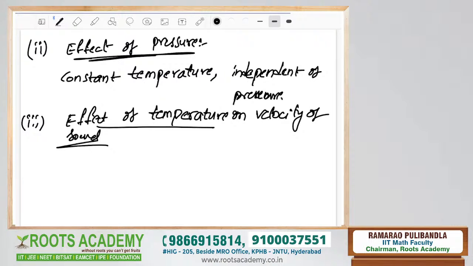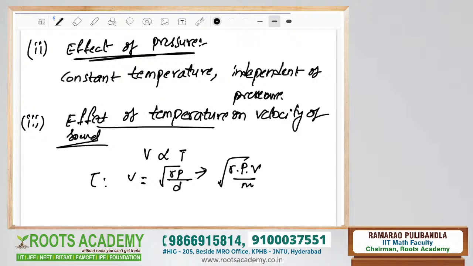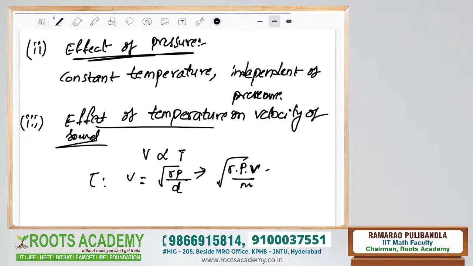We know that velocity is V equals under root of gamma into P divided by d, from the Laplace correction. From this Laplace correction, we can change this to under root of gamma into P into V divided by M, since the density could be written as M divided by V.